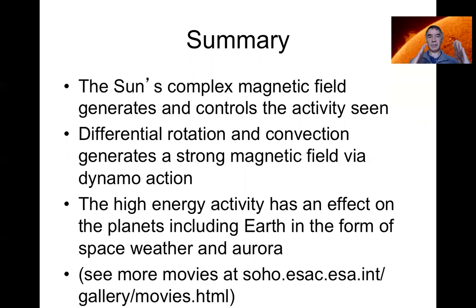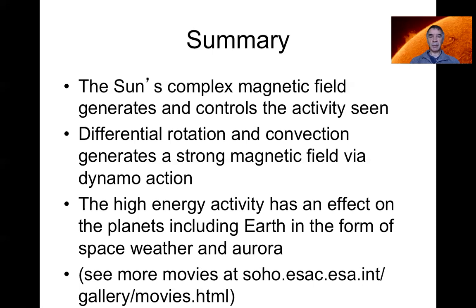When the magnetic field gets twisted up, sometimes it will reconnect and shoot off a lot of plasma out into interplanetary space, and that goes all the way through the solar system. So the solar system is bombarded with high energy particles coming out of the sun because of all of this activity. So-called coronal mass ejections, solar flares, all of that type of activity.